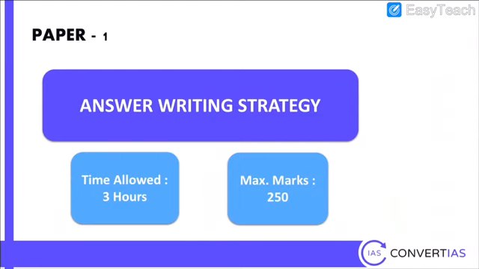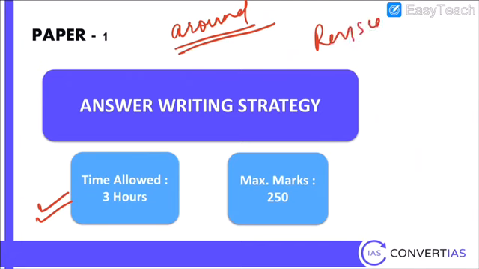First of all, you should know that we have around 3 hours for answer writing. Why have I said around? This is because you are not going to use the entire 3 hours for answer writing. You have to leave some time for revision also, or to go through all the questions and answers so that you don't miss out anything or you have not made any major mistakes.